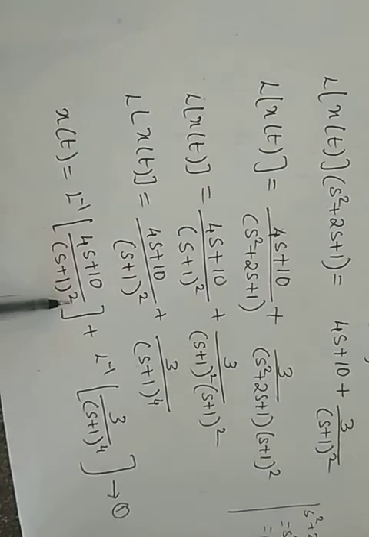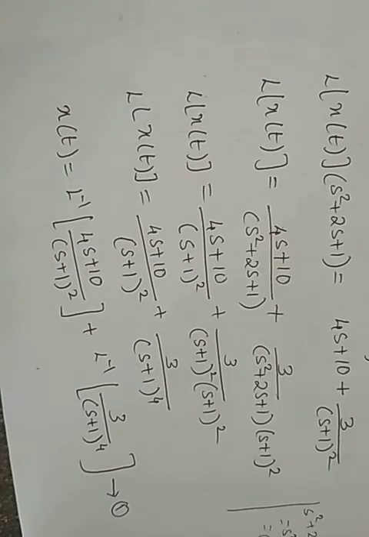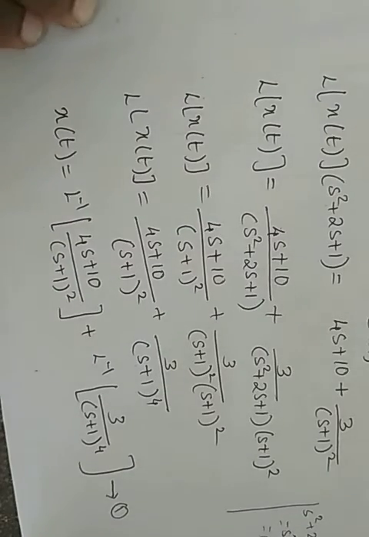Already this is in the bracket square format, that is (s plus 1). I will try to make the numerator also in the form of (s plus 1). I have written the remark here: solving by the method of perfect square.